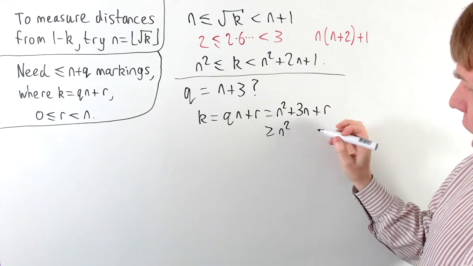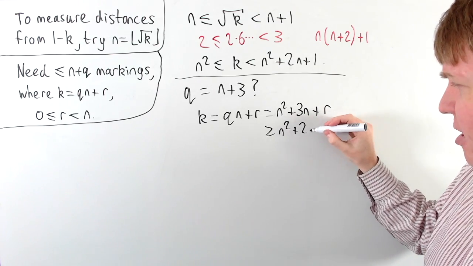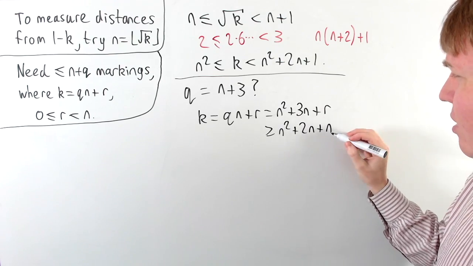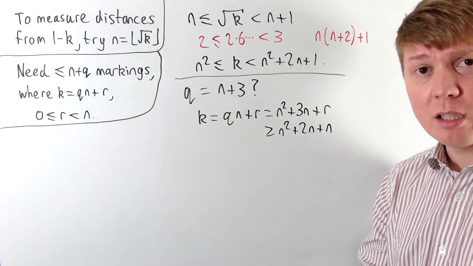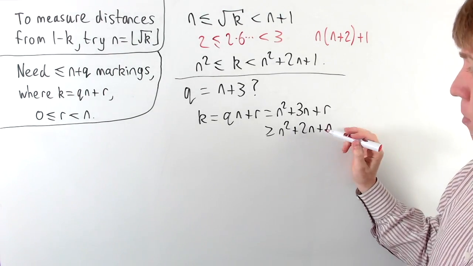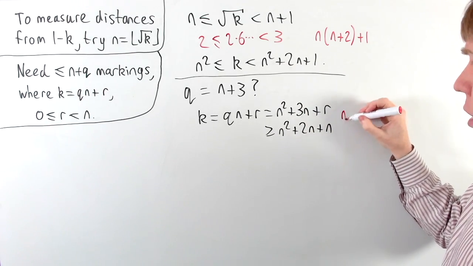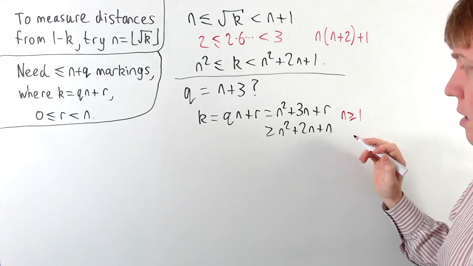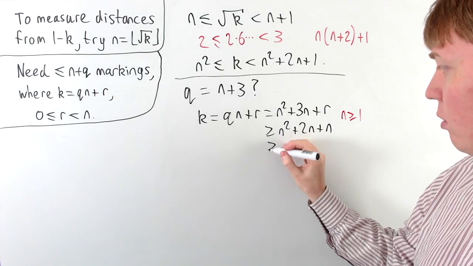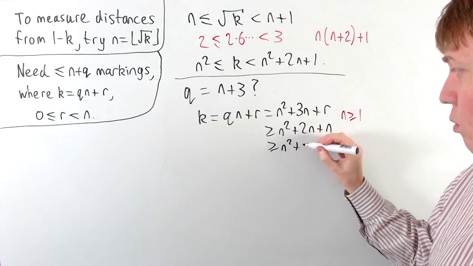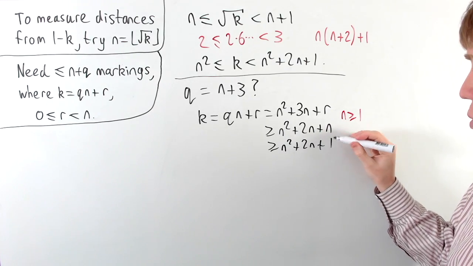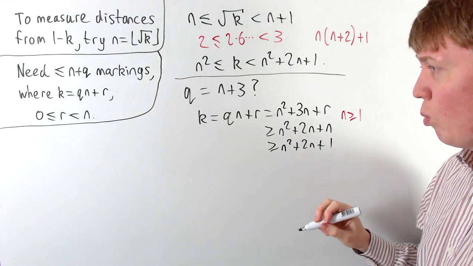And I'll write n squared plus 3n now as n squared plus 2n plus another n. I'm writing it this weird way just so that we can compare it more easily with n squared plus 2n plus 1. And we know for sure n has got to be greater than or equal to 1, so then all of this is greater than or equal to n squared plus 2n plus 1, because n is greater than or equal to 1.